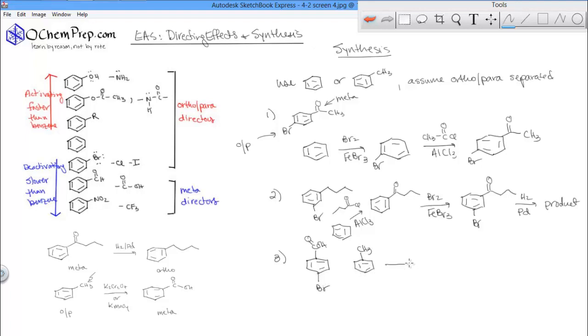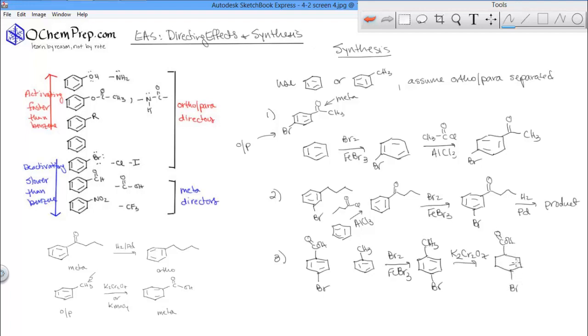So the first step will be to add the bromine. That will go para. And then you'll oxidize the CH3 to the benzoic acid group. So dichromate. And you will get your carboxylic acid here and your bromine.